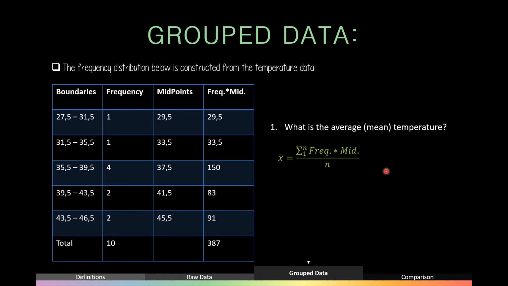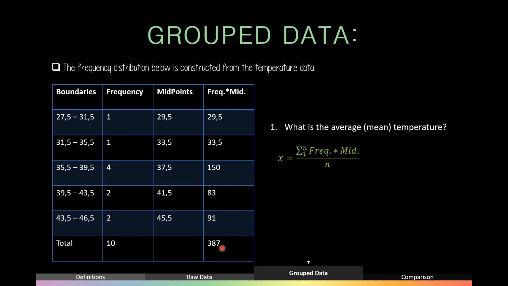So if we were interested in the average temperature, we're going to use this formula where we sum up the frequency multiplied by the midpoints and we divide it by n, which is our total. That is why I went ahead and created this column. Sometimes it's easier to write it out in the table itself and then just plug in the value afterwards.